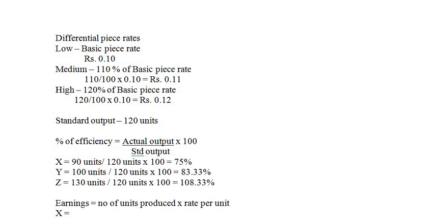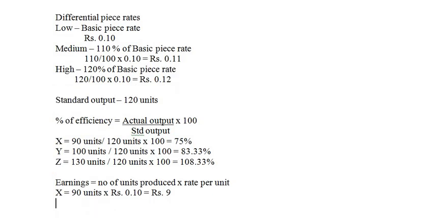As there are three workers, first we will calculate worker X. The number of units he has produced is 90 units into the wage rate, which depends on the percentage of efficiency. His percentage of efficiency is 75, which is less than 83%. So up to 83% the wage rate will be the basic piece rate, which in this problem is 0.10. So 90 units into 0.10, he will be paid rupees 9.